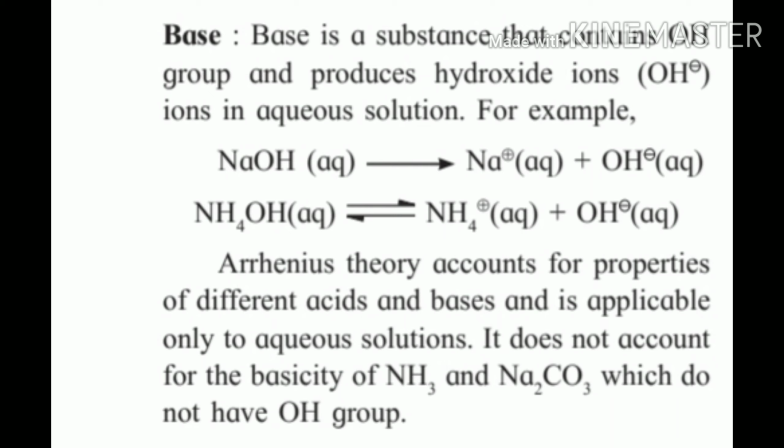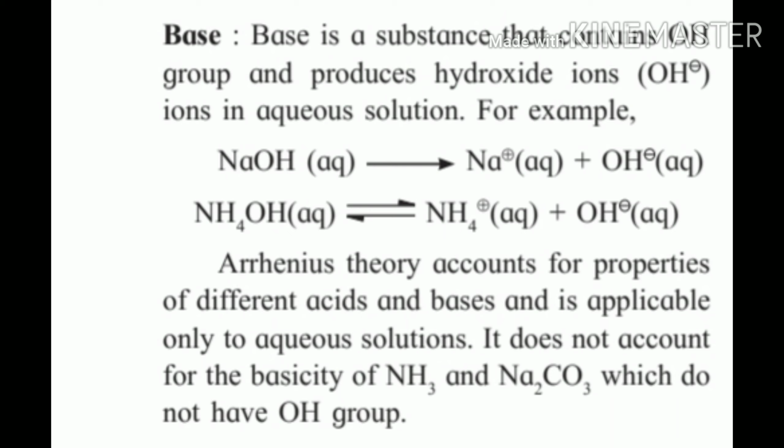But keep in mind this explanation that is given by Arrhenius for base is applicable only for those substances which contain OH groups. If you look at ammonia, that is NH3, and Na2CO3, that is sodium carbonate, these two examples are also examples of bases, but there is no OH group present in them.